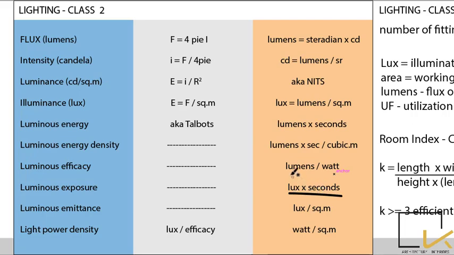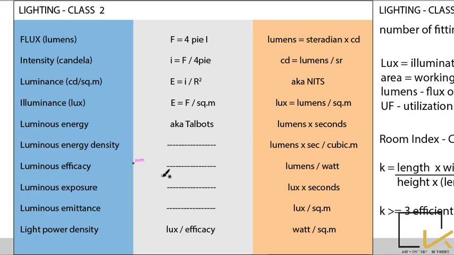Lux is E equal to I by R square, or lumens per meter square, into seconds. For a particular time period, it is known as luminous exposure. Then we have luminous emittance, that is lux per meter square, and the last term is light power density, that is lux divided by efficiency.